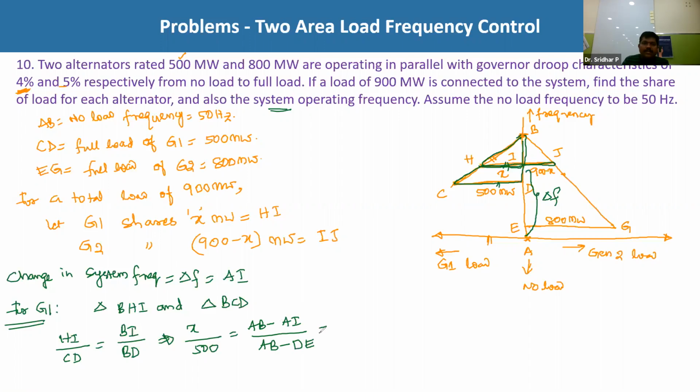This is further simplified as x by 500 equals AB, which is 50, minus AI, which is delta f, divided by AB again, 50, minus DE.